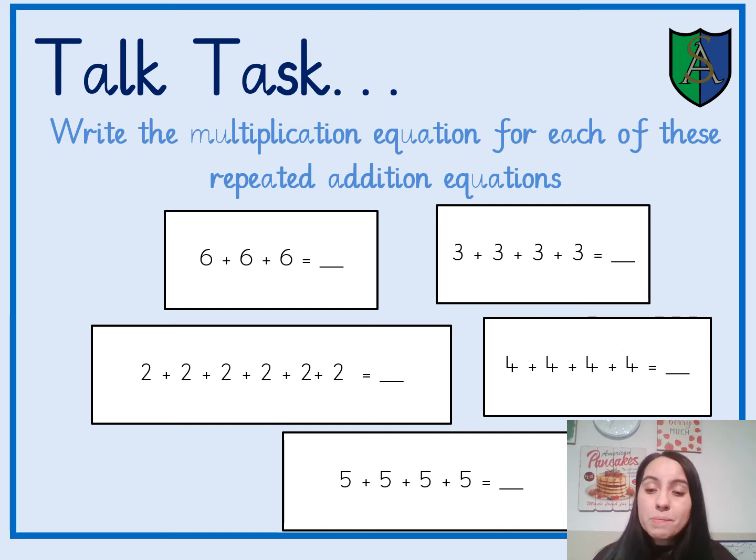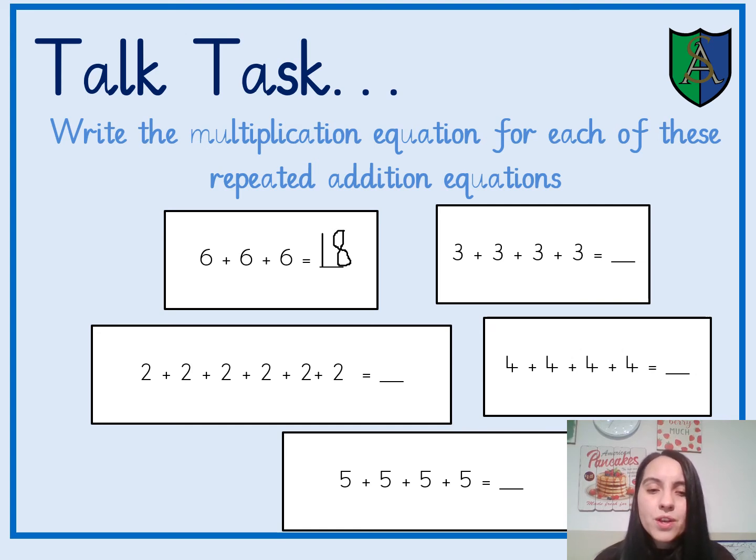Okay, so we know that multiplication is just repeated addition. We've learned that already. So here in the first example, we've got 6, add 6, add 6. Okay, so we've got 6 add 6, which is 12, and add another 6 is 18. Okay, so you'll need to write the answer for each one, and then you will need to write the multiplication equation.